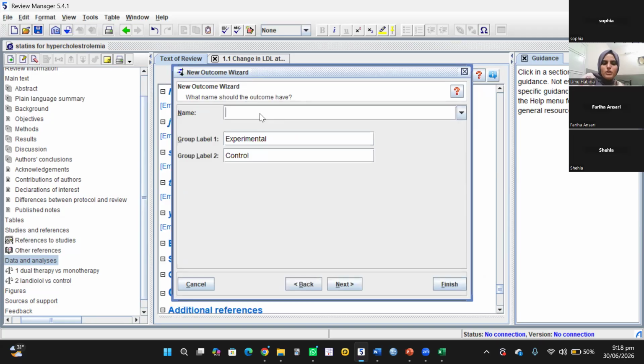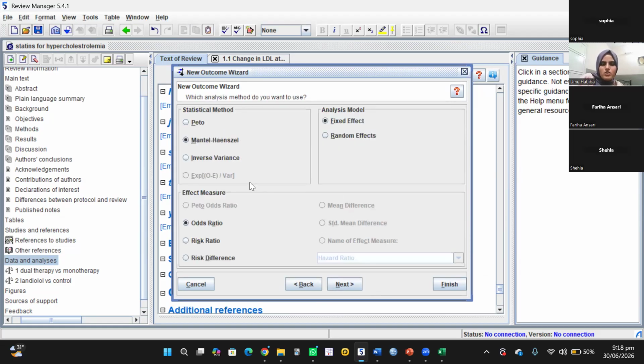What's the name of the outcome? AFib. Okay, maybe I'll just write here as well. Landiolol. Next. Now, always pick random effects. Now, when you put dichotomous outcome, it automatically selects this Mantel-Haenszel. You have to choose inverse variance. Or it depends as well, but for now, inverse variance is fine.